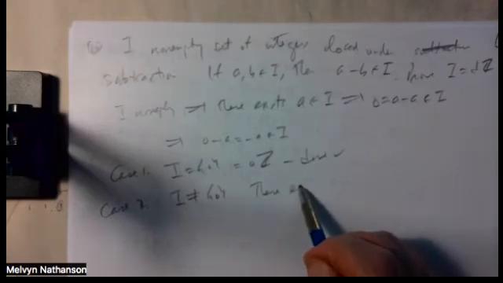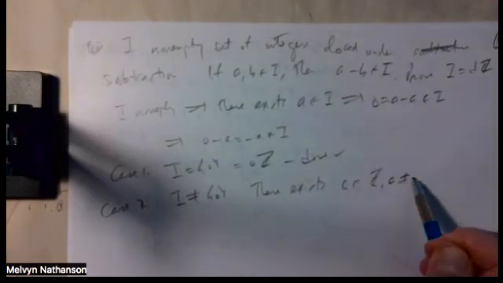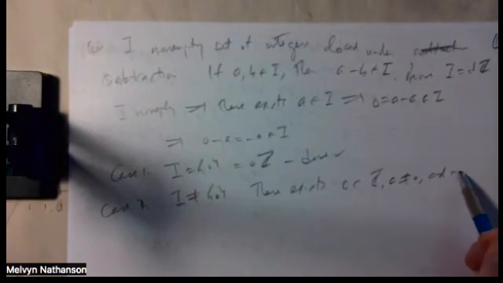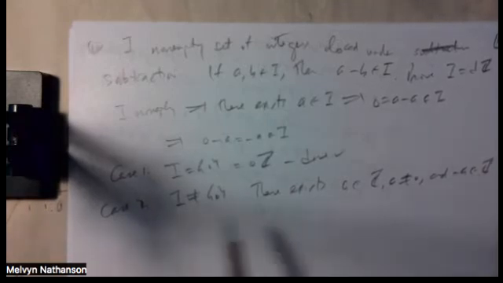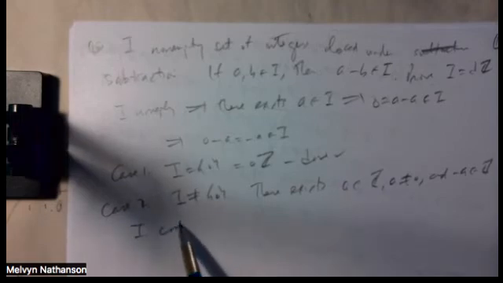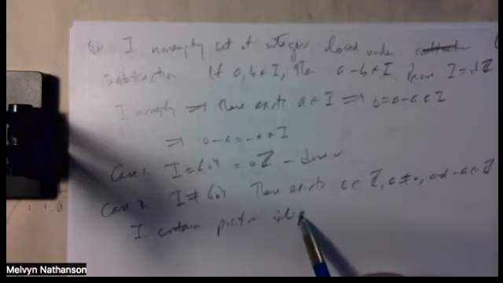So there exists some element A in Z, A different from 0, and minus A therefore is in I. So A or minus A, one of those two has to be positive. So I contains some positive integers.